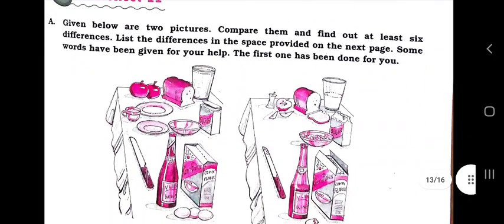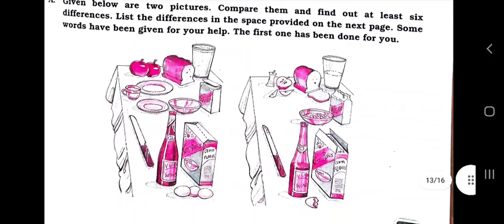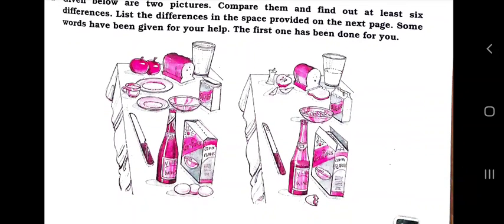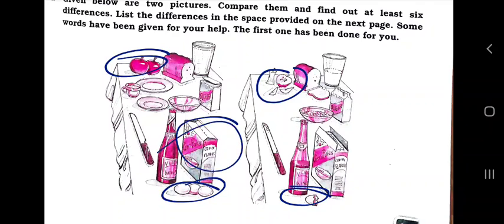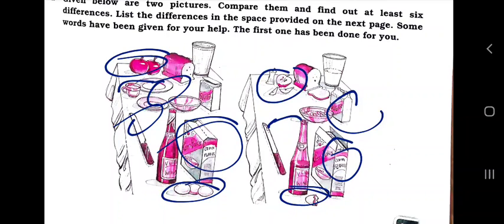Worksheet 11. Given below are two pictures. Compare them and find out at least 6 differences. List the differences in the space provided. Some words have been given for your help. The first one has been done for you. Now see here. You can easily locate the differences here. See the apples, the knife, the eggs broken, the milk can opened, the plates are being removed, the glass is filled here and this is half.